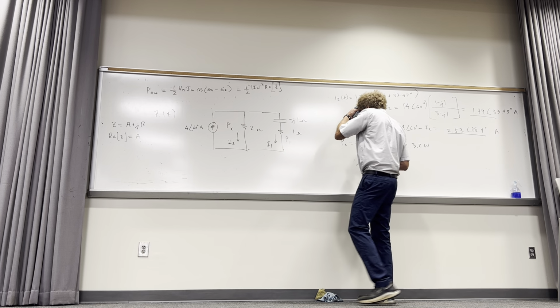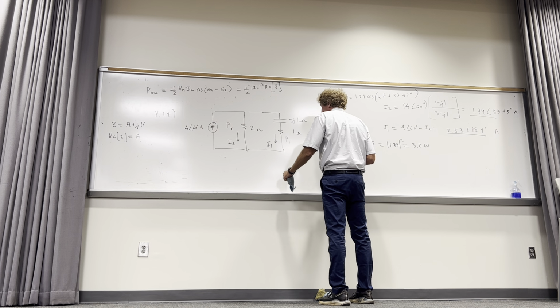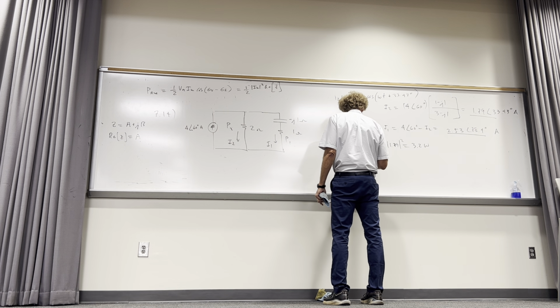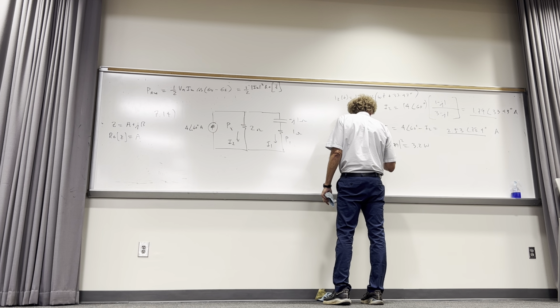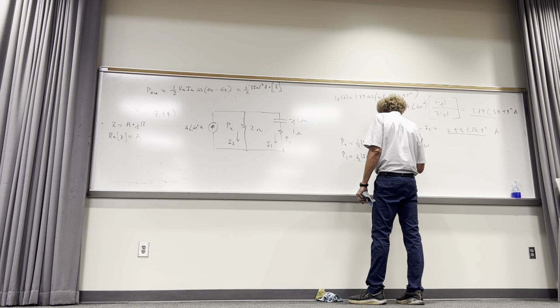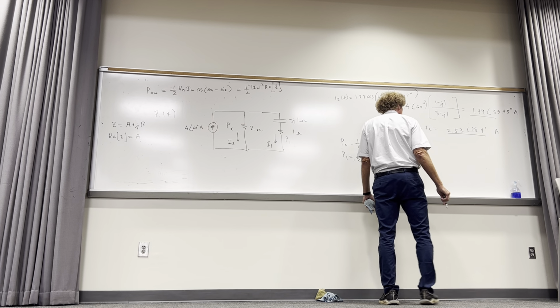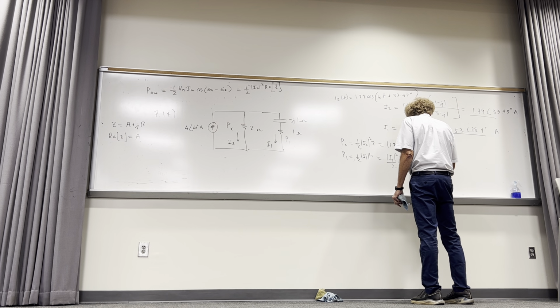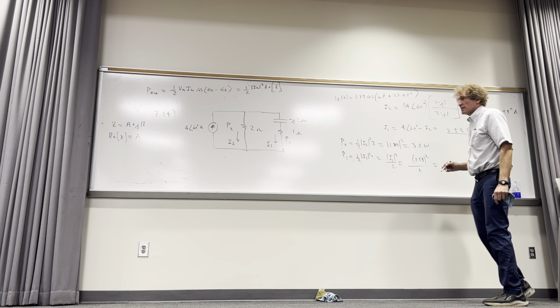Okay? What about P associated with 1 ohm? That would be 1/2 magnitude of I1 squared times 1, or magnitude of I1 squared over 2, and that would be equal to what? 2.53 squared over 2 watts, and what is that?